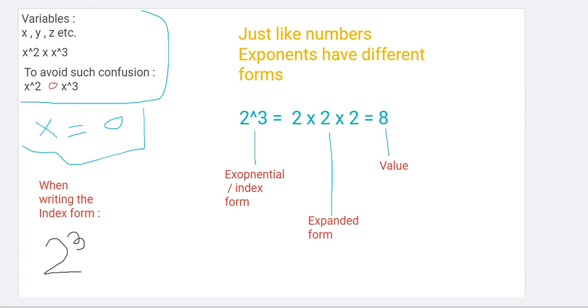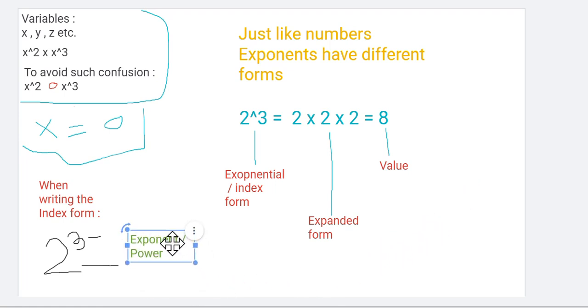What is this 2 and what is this 3? The 3 over here is known as your exponent. 2 to the power 3 is the exponential form, but 3 is the actual exponent in the number. Exponent can also be called your power.